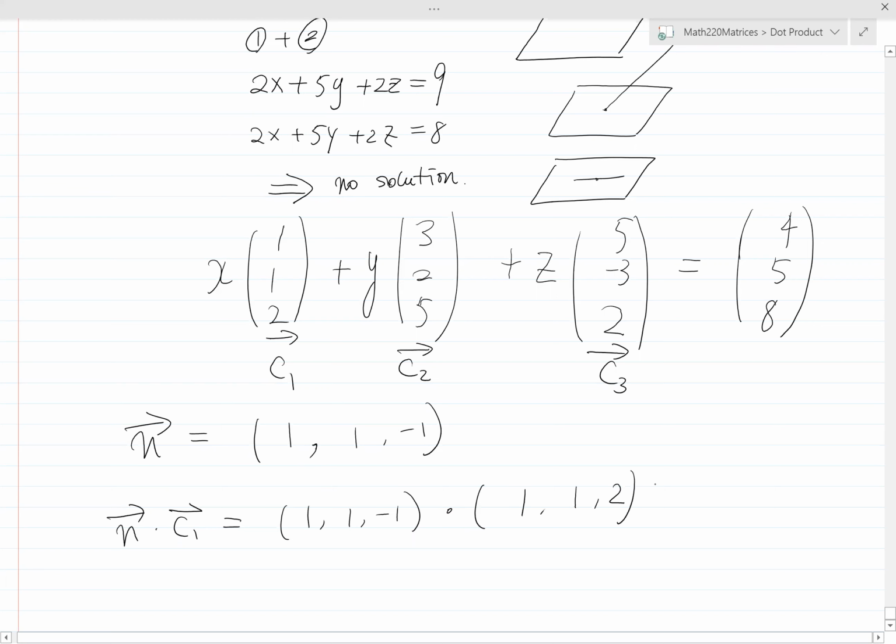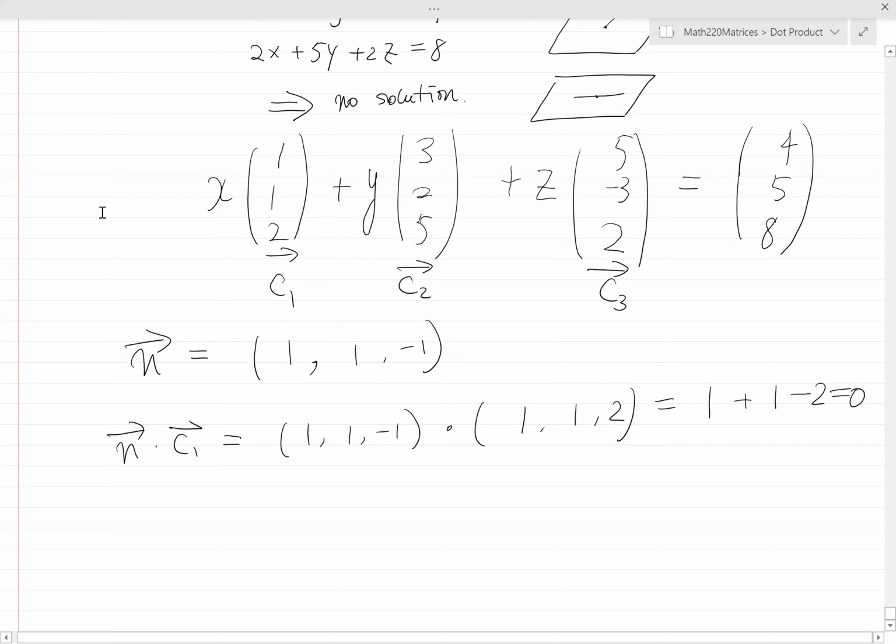So you get 1 times 1, which is 1, 1 times 1, which is 1, and -1 times 2, which is -2. So you get 0. So n is perpendicular to C1. Similarly, if you check n dot C2, which is 3, 2, 5, you get 3 plus 2 minus 5, which is 0.